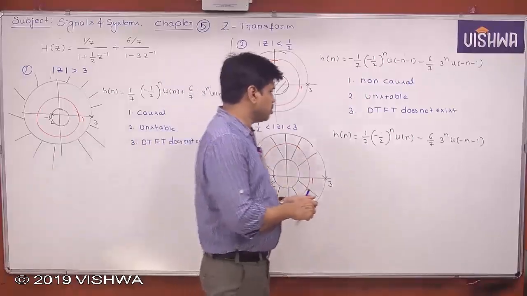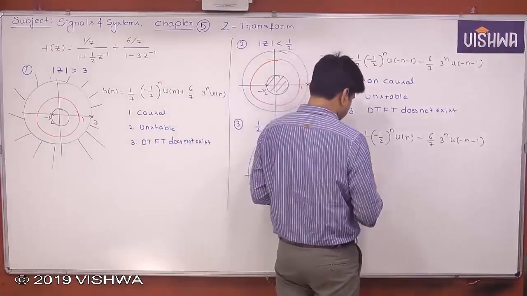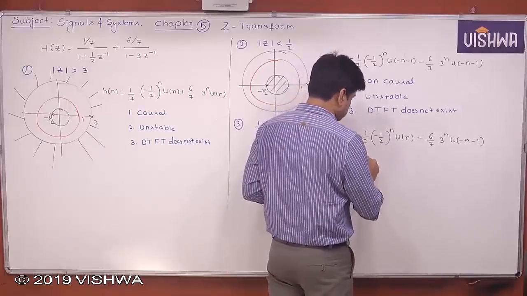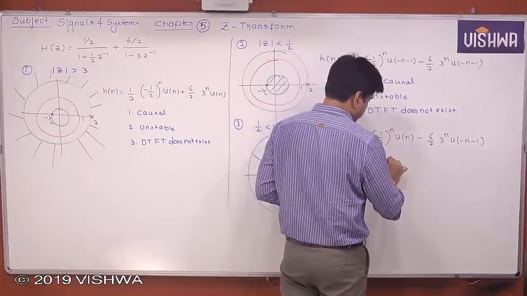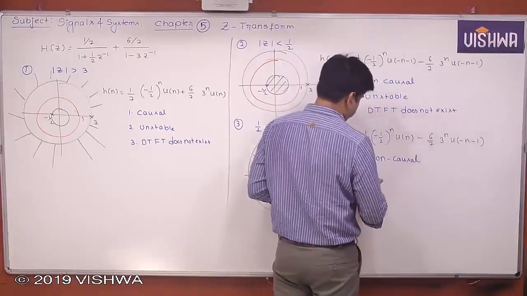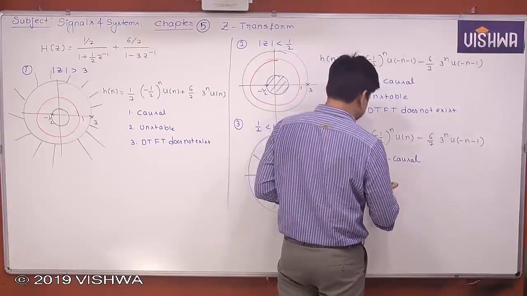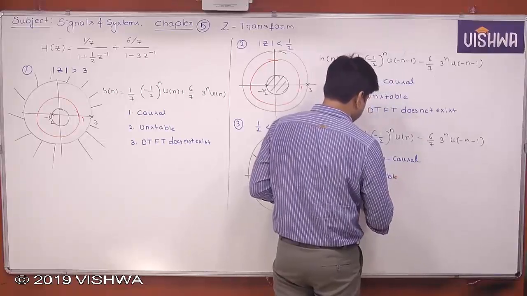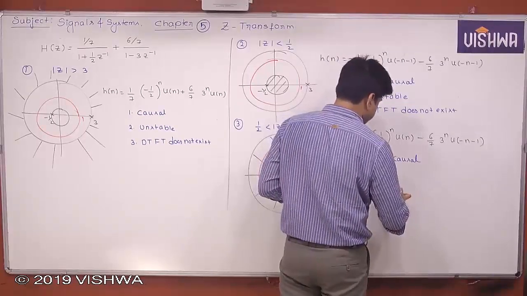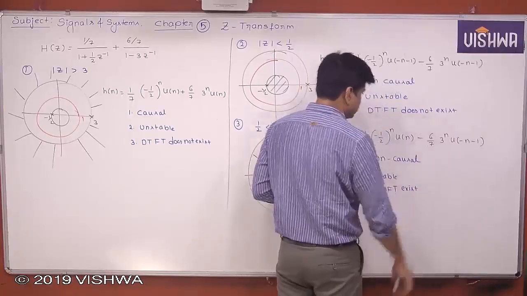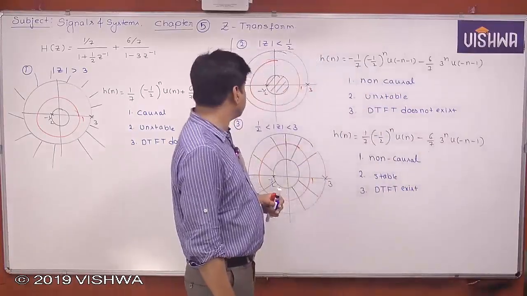So non-causal, stable, and DTFT exists. Clear or not? Take it.